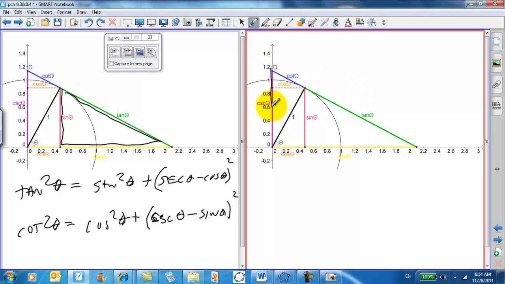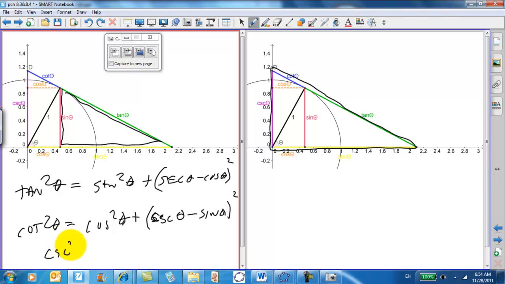Look at the area of this big triangle like this. Well, we can also do a Pythagorean theorem on that too. We can say cosecant squared theta plus secant squared theta equals cotangent theta plus tangent theta, quantity squared.